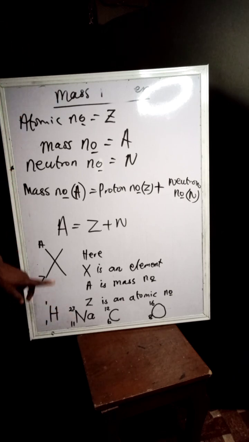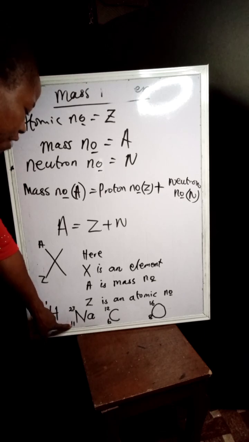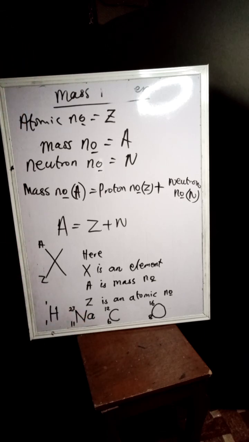That is the positively charged particles. And we say that an atom of an element is electrically neutral. That means the number of positive particles must be equal to the number of negative particles, and the electron is the negative particle.